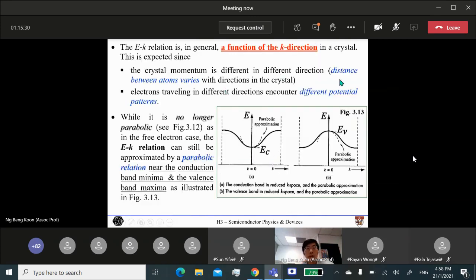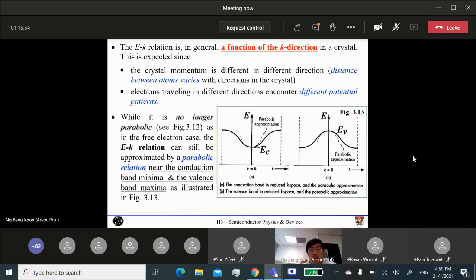Now this E-k relation is an important property because it describes how the energy of the electron changes with momentum in the semiconductor crystal. And this E-k relation is also direction dependent.